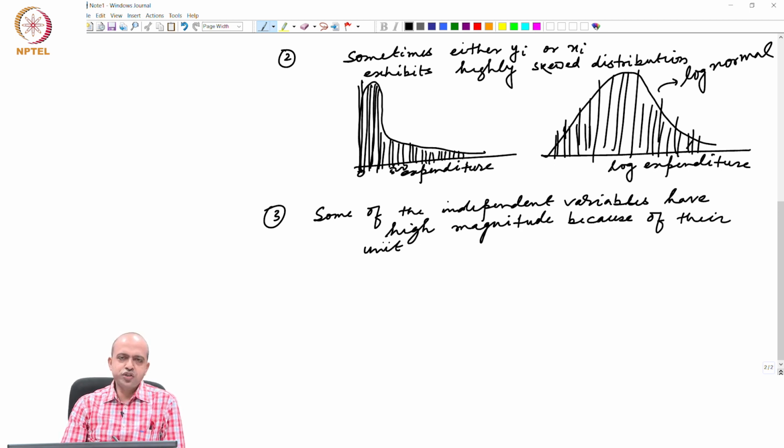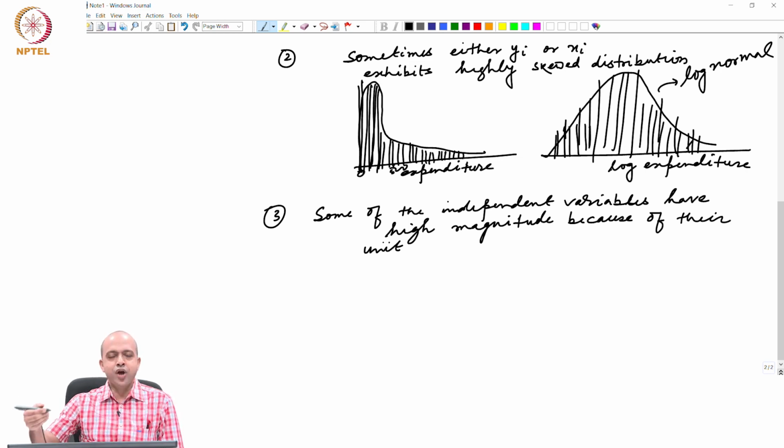For example, let us say your x1 is monthly income or yearly income measured in rupees, and you have another variable, let us say, family size. So, x1 will give you a value like 1 lakh, whereas the family size is only 5.